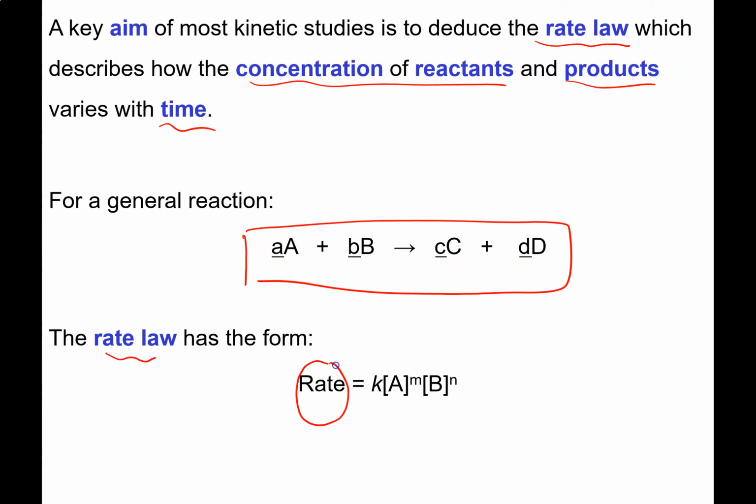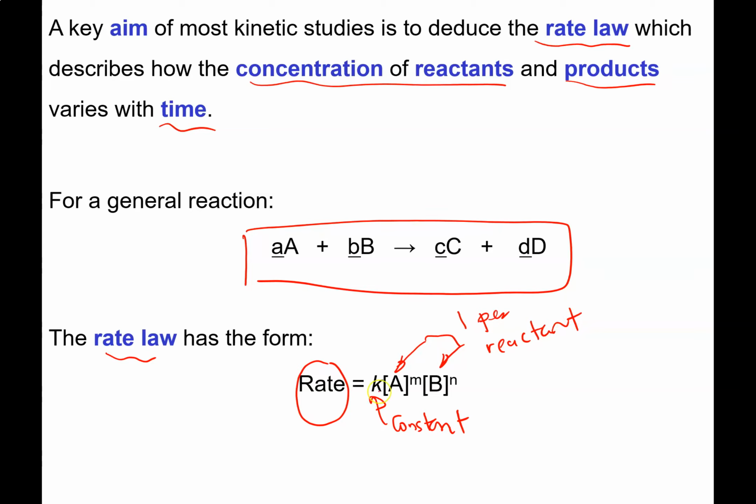The rate of the reaction will be equal to a constant, and we'll talk a little bit more about that later, multiplied, and then for every reactant we have a term where we've got the concentration of the reactant raised to some power. So we get one of those terms per reactant. So we know it's going to have this generic form.